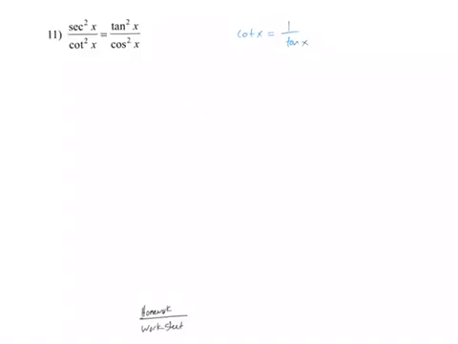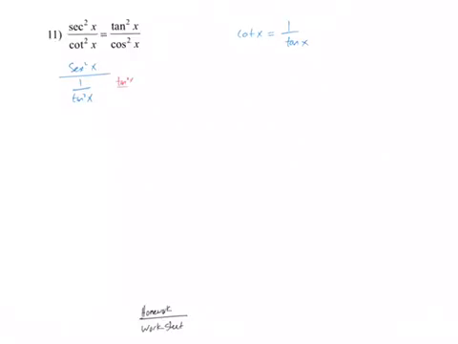And so we're going to write this left-hand side as secant squared of x over 1 over tangent squared of x. Now I don't want a fraction with a fraction, so I'm going to multiply by the reciprocal of the denominator.